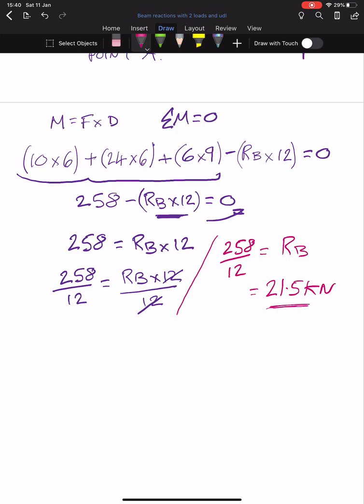So I'm going to calculate RA, and I'm going to take moments about point B.